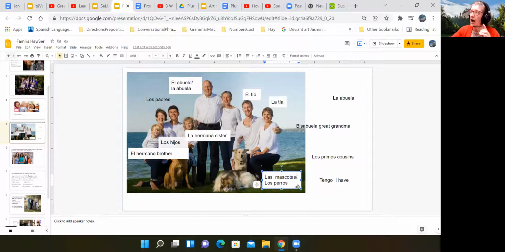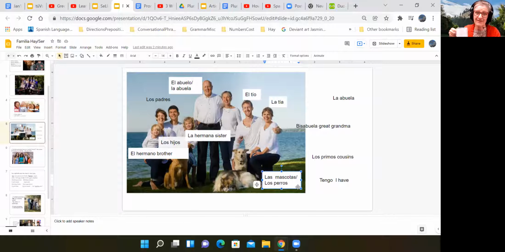But all nouns, all things, not just people, all things in Spanish, all nouns are masculine and feminine. This is a feminine word. I know there's nothing feminine about a cup, but the word for cup is taza, which ends in an A. It's a feminine noun.